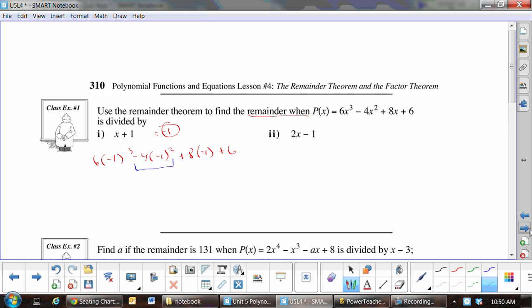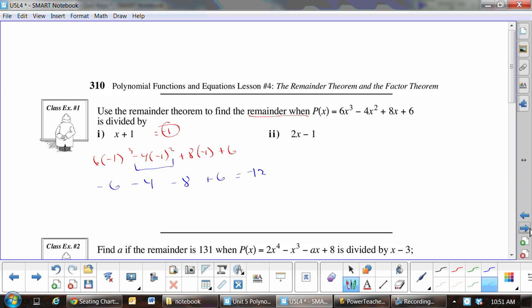You can't do that. It's (-1) squared times -4, so you will get a negative answer over there. Let's do this in order. This is -6 minus 4 minus 8 plus 6. This equals -12.